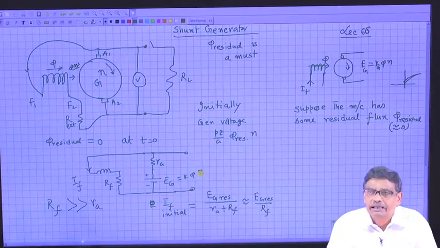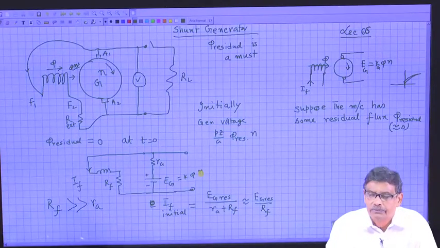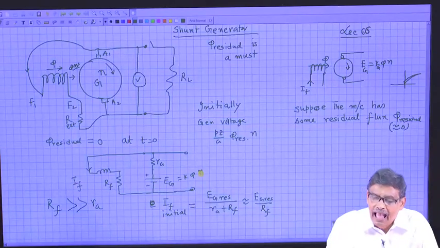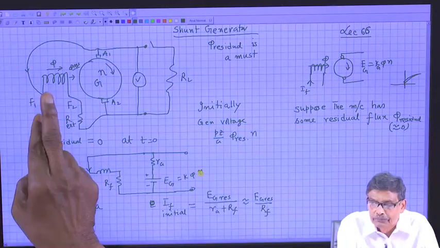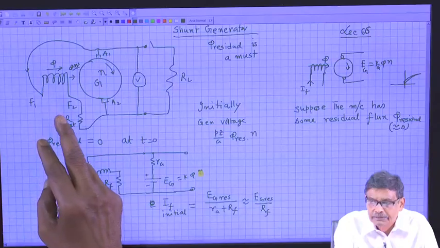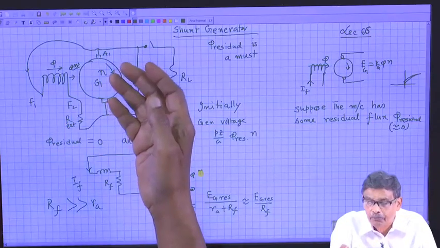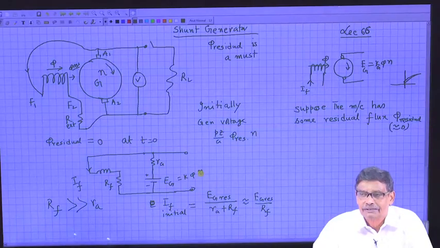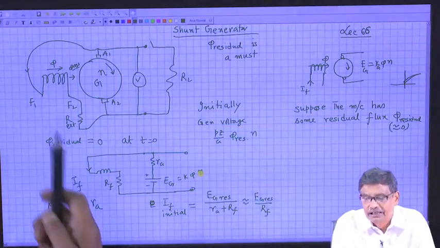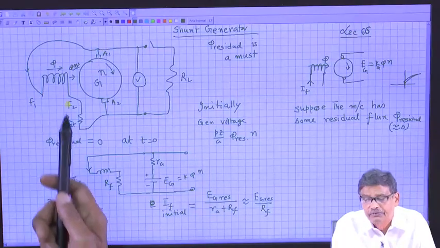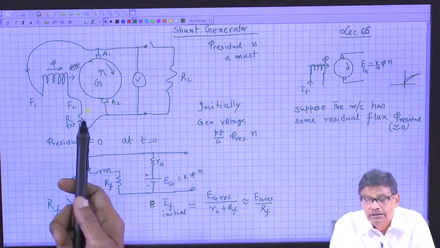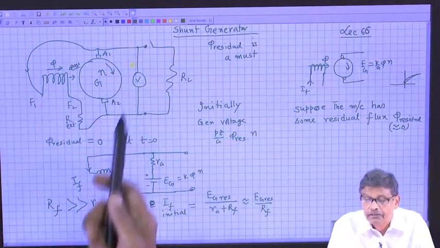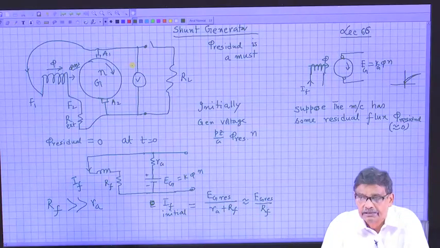If that be the case, then one thing you can do, you stop the machine and interchange these two terminals and start building up voltage, then you will find it is not building up voltage. Because if F1 is connected to A1, F2 is connected to A2, then you have seen it builds up voltage, large voltage you are getting.